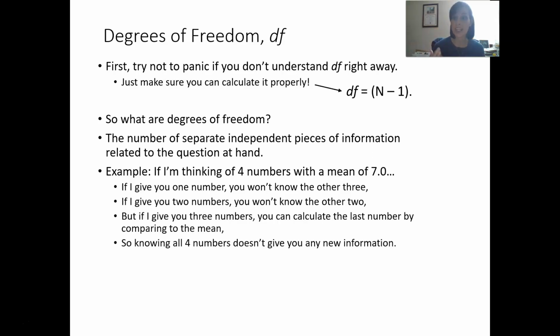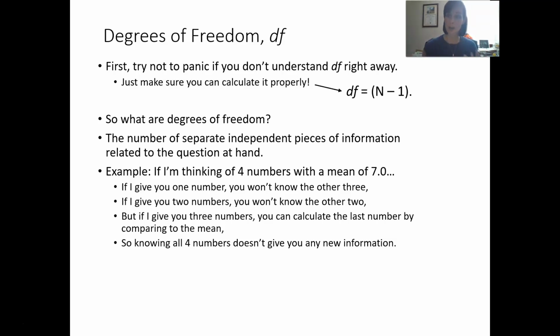But if I give you 3 numbers, n minus 1, I already know what the last number has to be, because knowing all 4 numbers doesn't give us any new information. If we know everything except the last one, we by nature have to then know what the last one is.